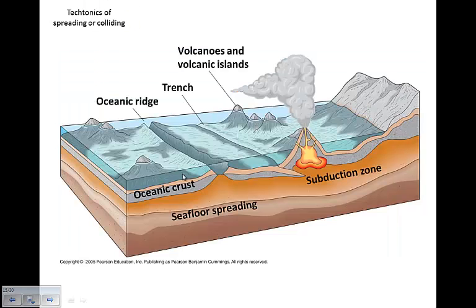So here, when two plates come together, you're going to have mountains forming. When they pull apart from each other, you have this opening, the sea floor spreading. And then you have subduction, where one will go underneath another one. So it pushes underneath that one.